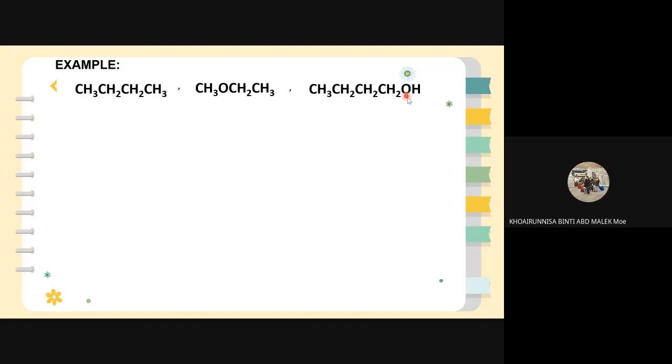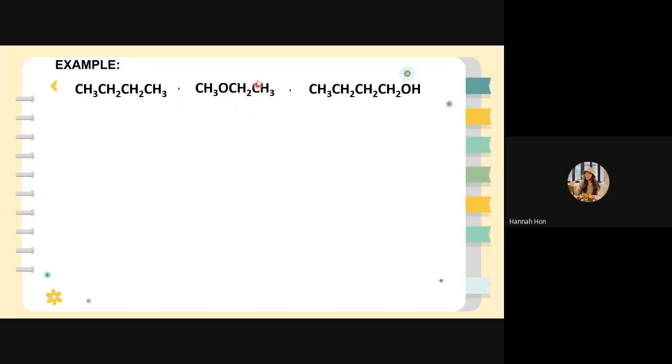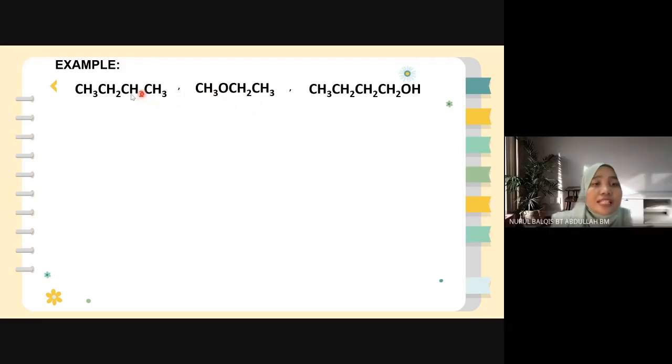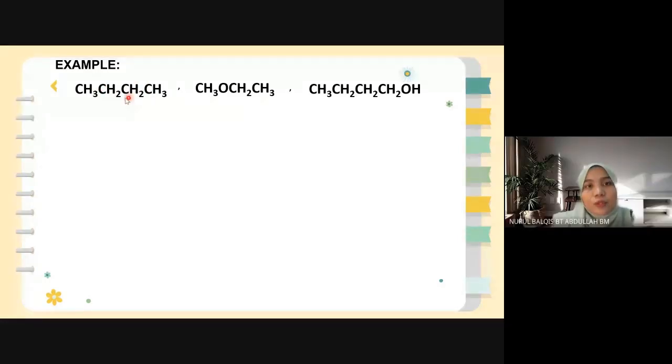Primary alcohol. Okay, yang ni kalau kita ada COC, if we have COC, ether. Ether, betul. Kalau kita ada C and C only and also H, alkane. So, bila kita nak discuss about boiling point, okay, you kena tengok intermolecular forces present.